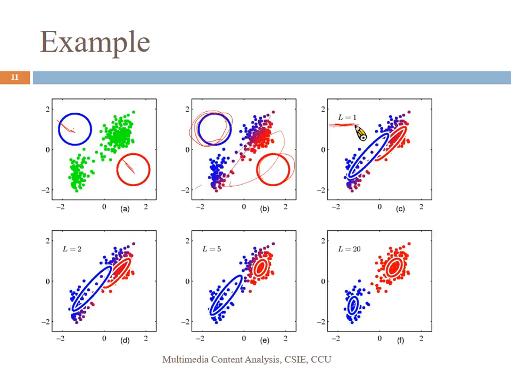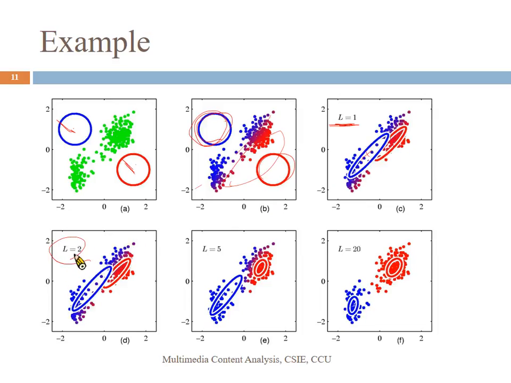And after one iteration, after one update, we can largely change the Gaussian mean to here and here, and change the covariance, so that you can see that these two newer Gaussian mixture can more appropriately describe the data points. But that is not enough.